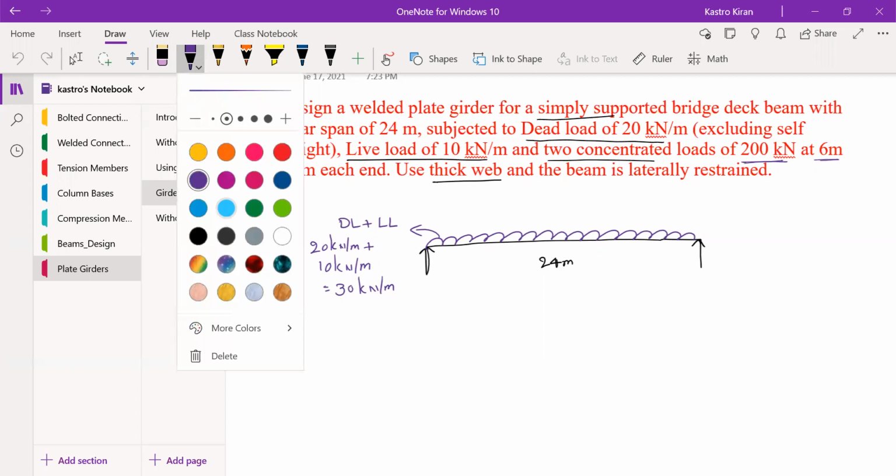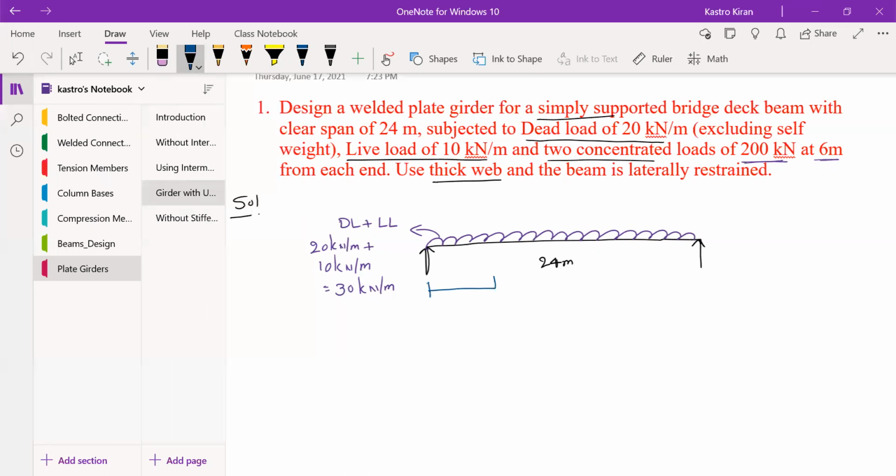From each end, you have point loads of 200 kilonewtons intensity acting at a distance of 6 meters from either end. So this is the diagram which they have set, right?